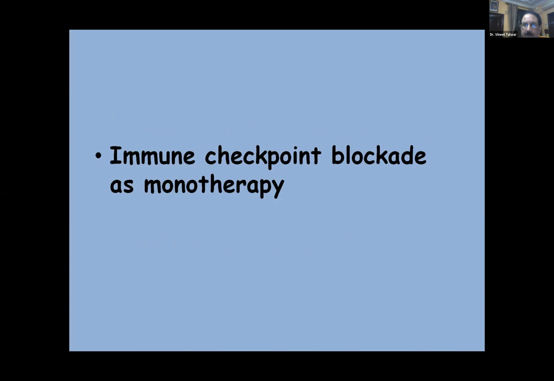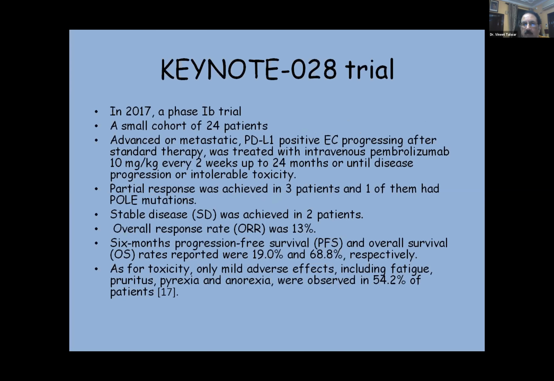And after that, Keynote 158 trial, Keynote 28 trial was there. This was a phase 1B trial in which 24 patients were subjected to pembrolizumab. This was 10 milligram per kg every 2 weeks up to 2 years, 24 months.